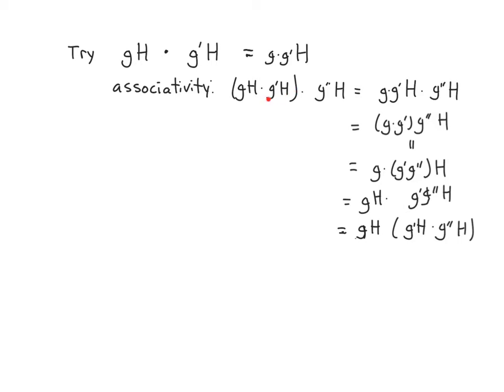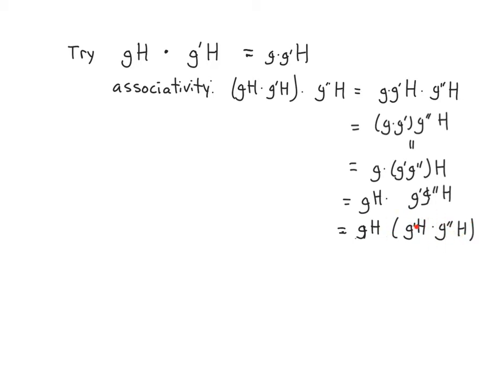To see that, if I multiply the first two cosets together, I get a coset whose representative is g times g prime. Now if I multiply this with the third, I get a coset whose representative is g times g prime times g double prime. Now if I go in the reverse order and take the other parenthesization, the same thing's going to happen.